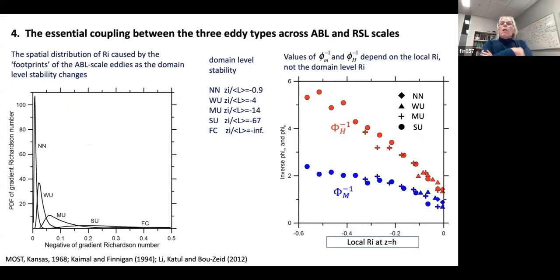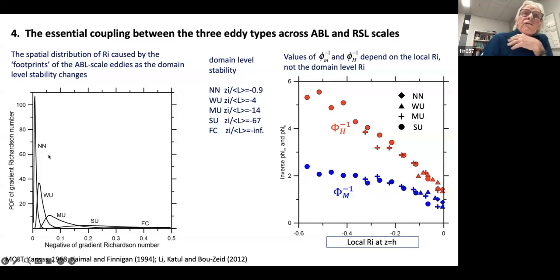So the fourth piece of the puzzle is, how are these things coupled? The large scale eddies modulate the surface, the two different kinds of eddies that appear in the surface, and how they affect in turn the large scale eddies that affect them. So we can look at probability distribution functions of Richardson number caused by the footprints of these large scale eddies as the domain level stability changes.